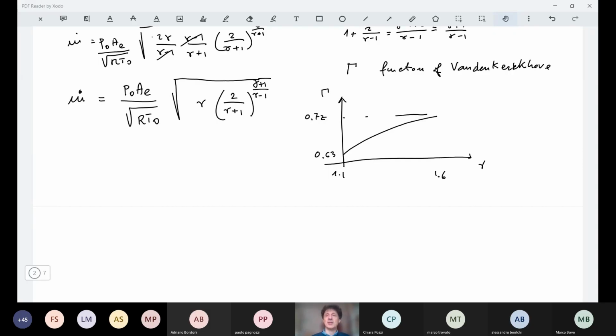And in this case, the isentropic exponent for monatomic gases is 1.667. It is 5/3. So we see that actually if we consider the range of chemical propulsion, this gamma is within 0.64 and 0.67. So you see there are limited changes.